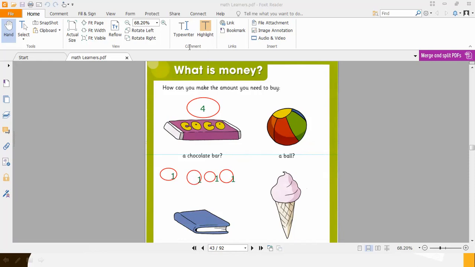Okay, a ball. How much is the cost of a ball? The price of the ball is 15 reals, because 10 reals is the price of the ball, and 5 reals is the tax. So how much money should we have to buy this?